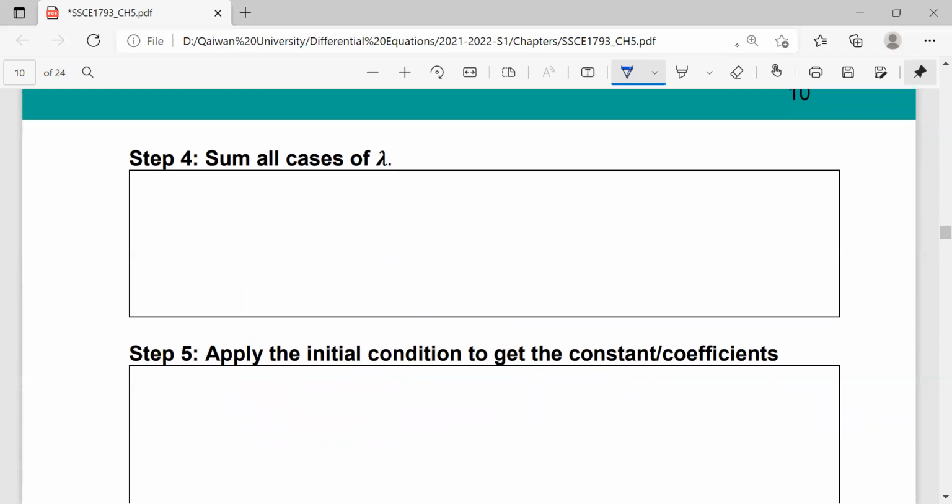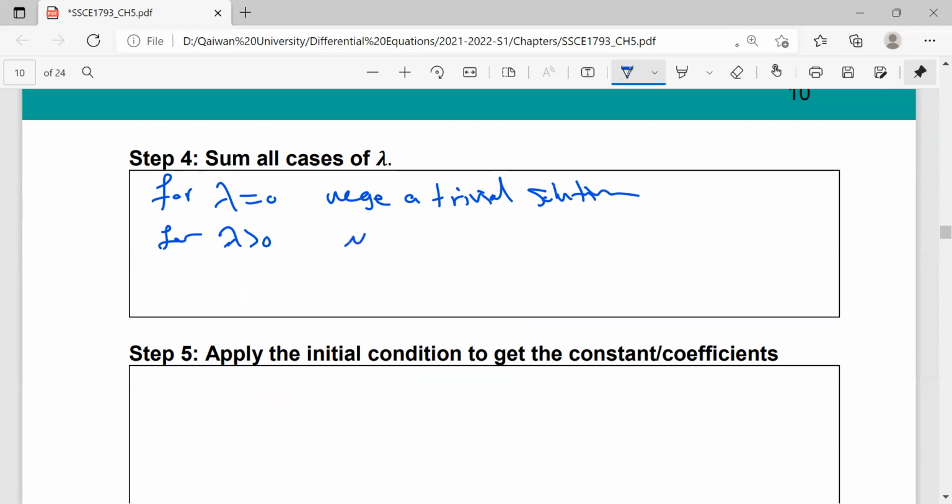But in this step, instead, we write down all the cases. We say for lambda equal to 0, we get a trivial solution. For lambda greater than 0, we get the same, a trivial solution.